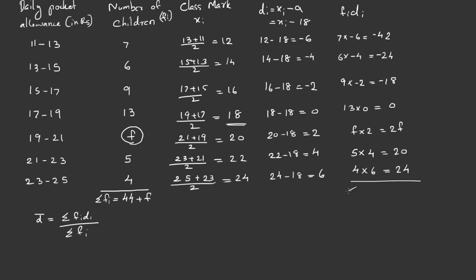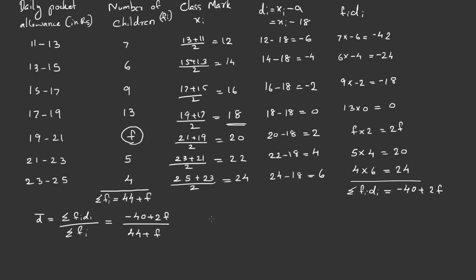And what is sum of fi di? I have to add minus 42, minus 24, minus 18, plus 0, plus 2f, plus 20, plus 24. That is equal to minus 40 plus 2f. Substituting the values, I will get mean deviation is equal to minus 40 plus 2f divided by 44 plus f.